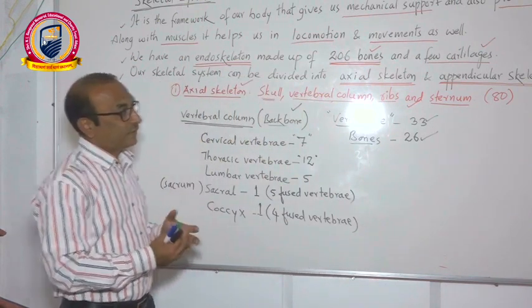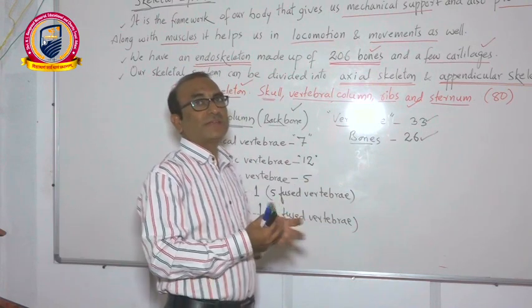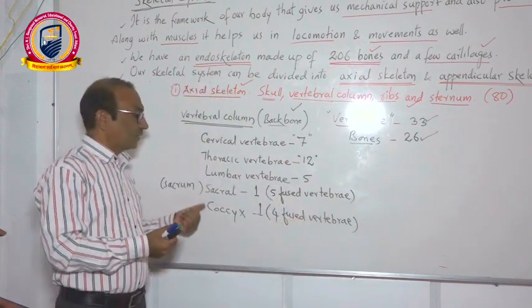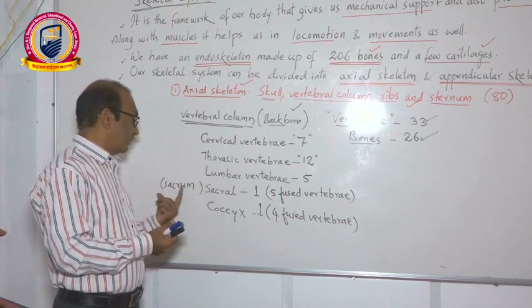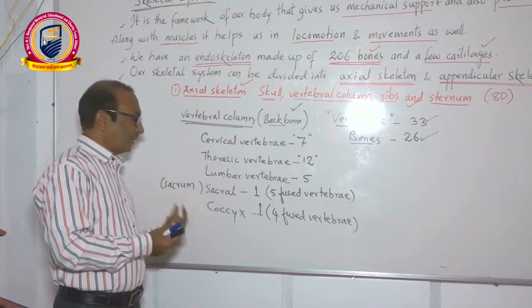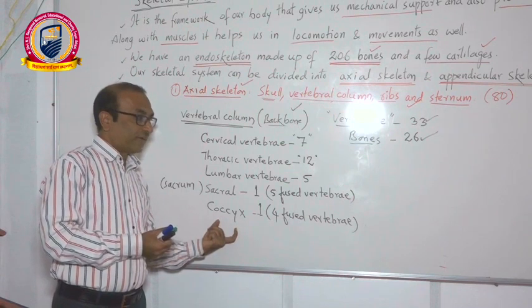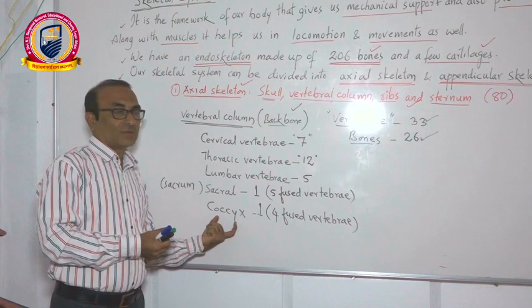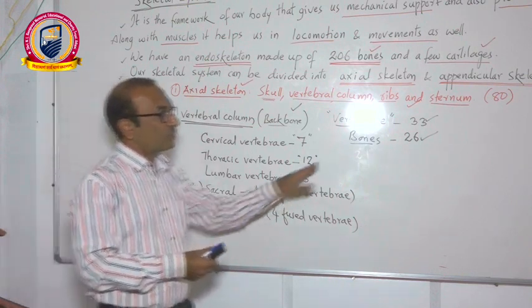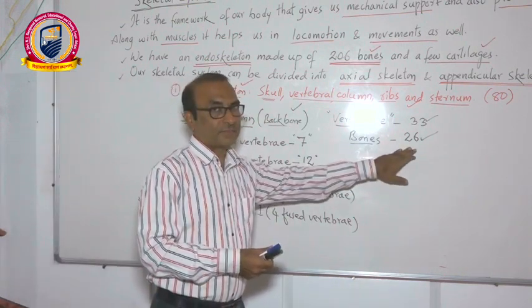Later on, as the fetus completely grows, all these bones fuse. These 5 sacral bones have fused to form one sacrum, and the 4 tail vertebrae have fused to form one coccyx. So that's how the total number of bones reduces to 26.